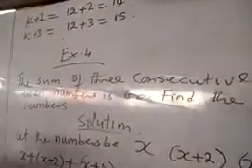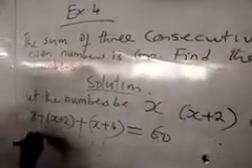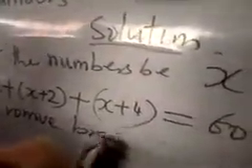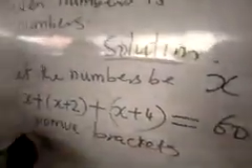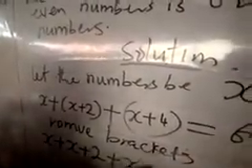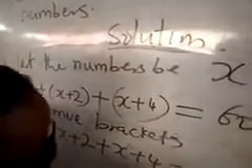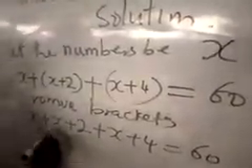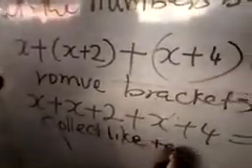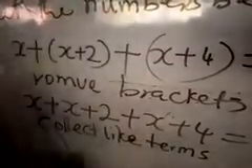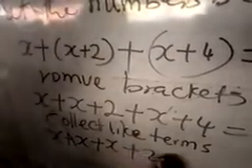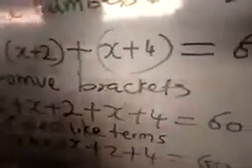Now open your brackets, remove brackets. You have x plus 2 plus x plus 4 equals 60. Now collect like terms. You have x plus x plus x plus 2 plus 4 will give you 60.